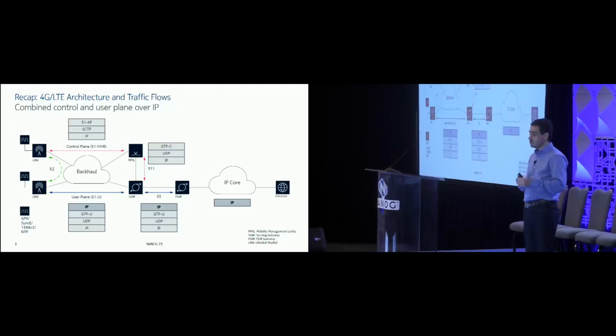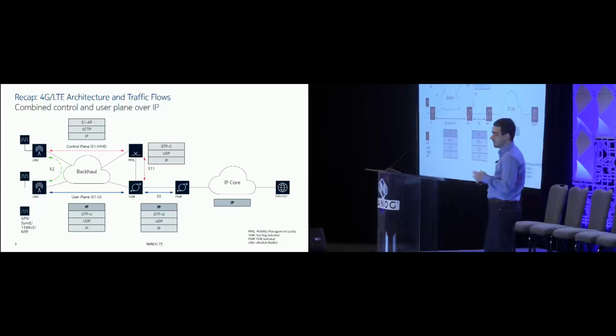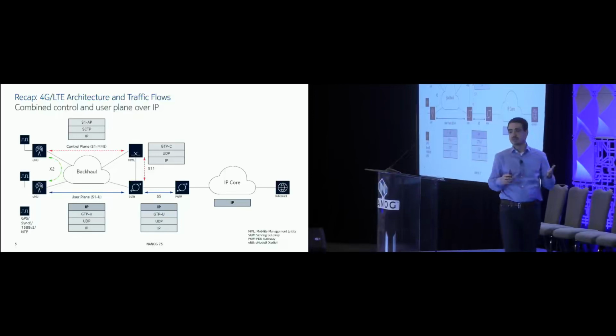For the control plane, the mobile networks use IP and SCTP on top of it, with the control protocol being S1AP. That's the control protocol that we have between the radios and the MMEs. And then for the user plane, we have GTP-U, the GPRS Tunneling Protocol.